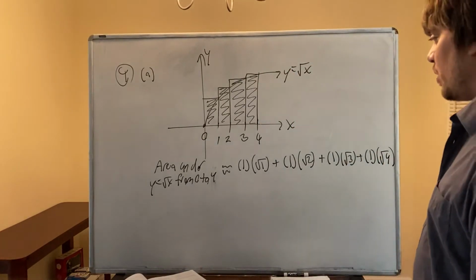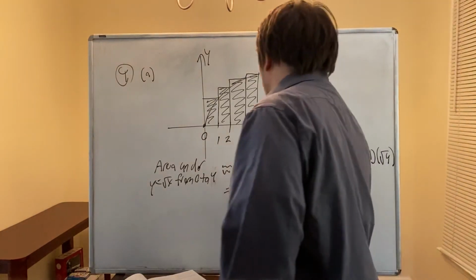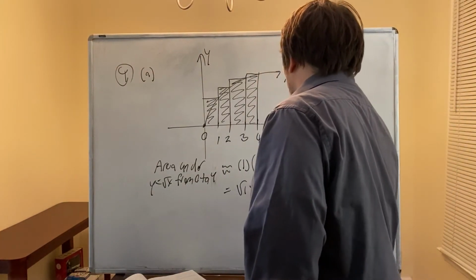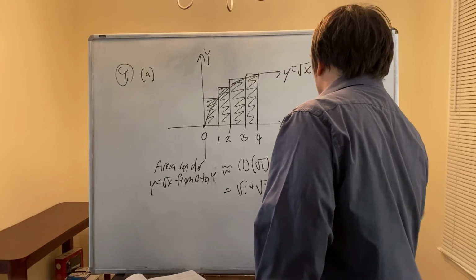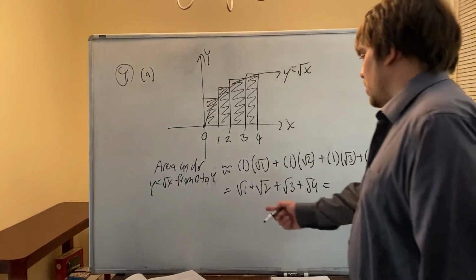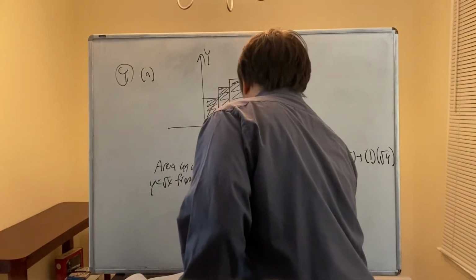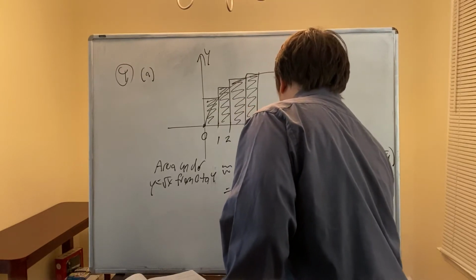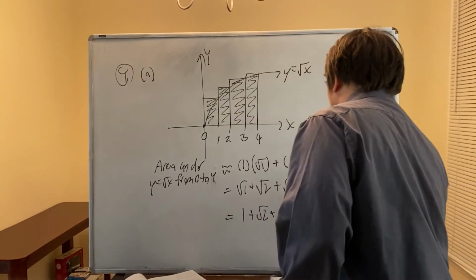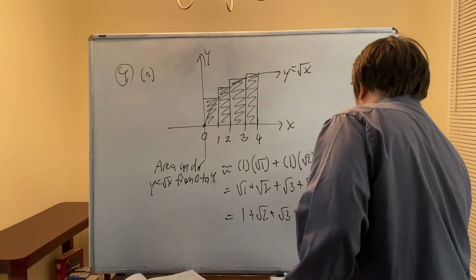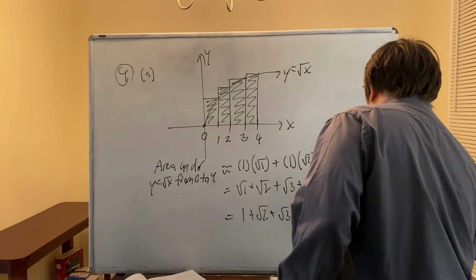So this is equal to the square root of 1 plus the square root of 2 plus the square root of 3 plus the square root of 4. This is 1 plus the square root of 2 plus the square root of 3 plus 2, and that's 3 plus root 2 plus root 3.